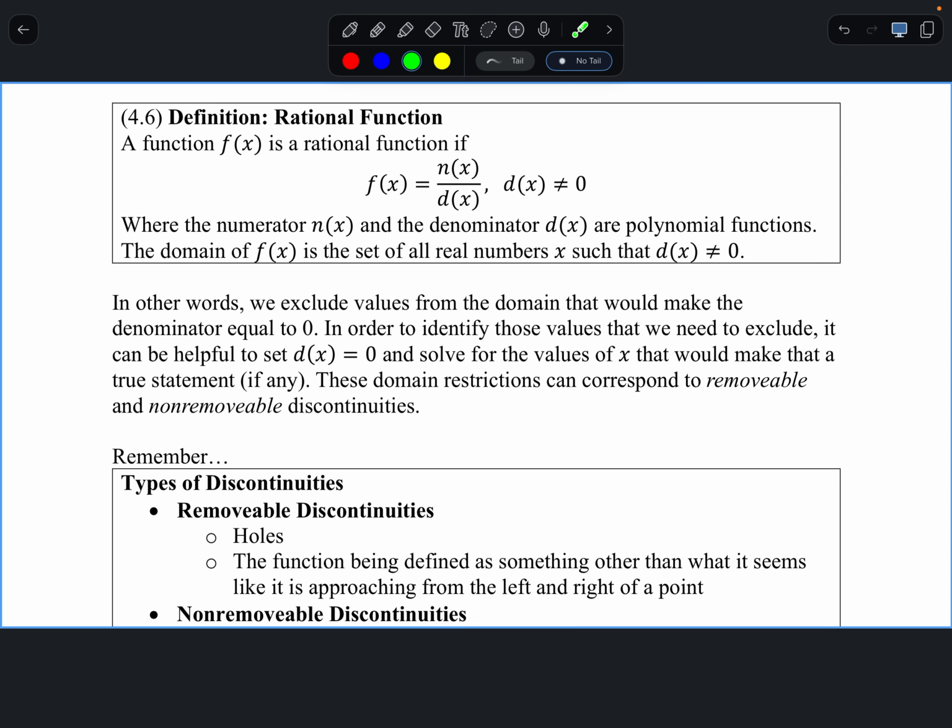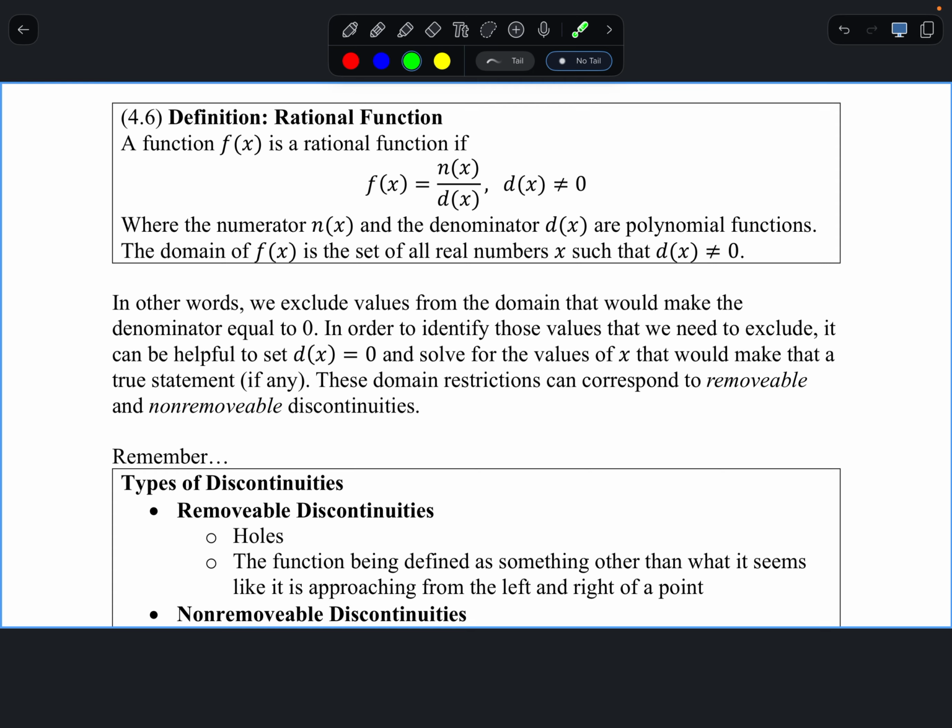In the other sections we've been focused on polynomials and identifying their characteristics. We're still going to use similar approaches for finding characteristics of rational functions, which are ratios of two polynomials, where the numerator is a polynomial function and the denominator is a polynomial function.